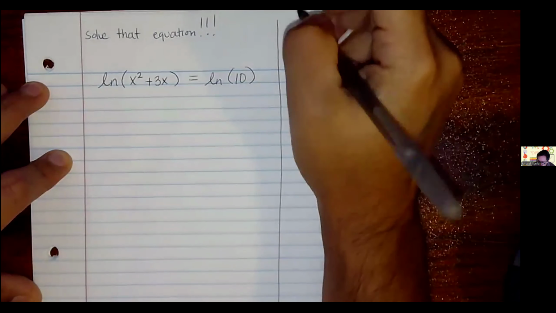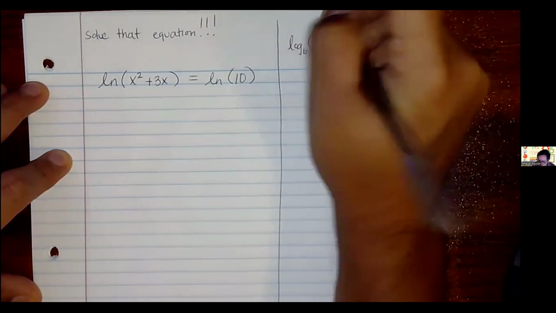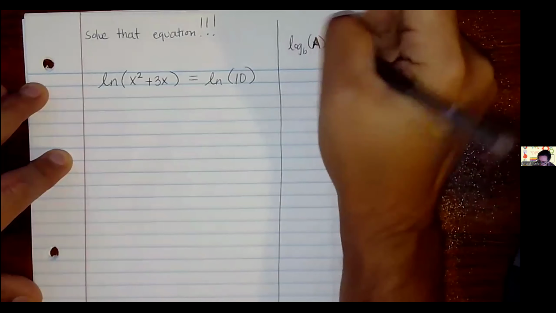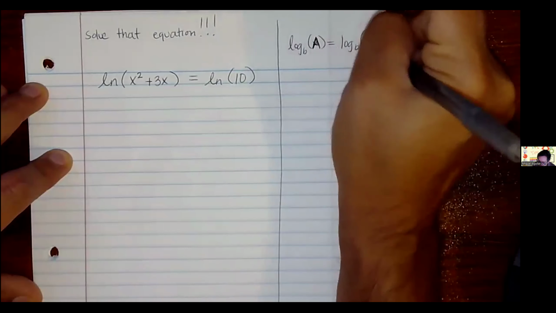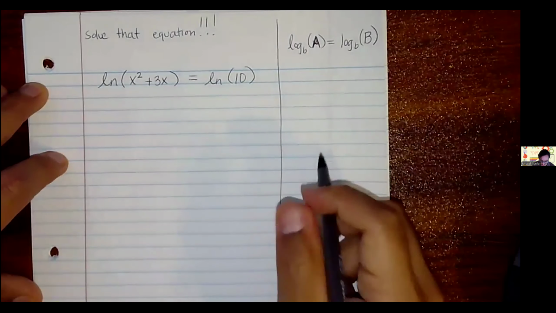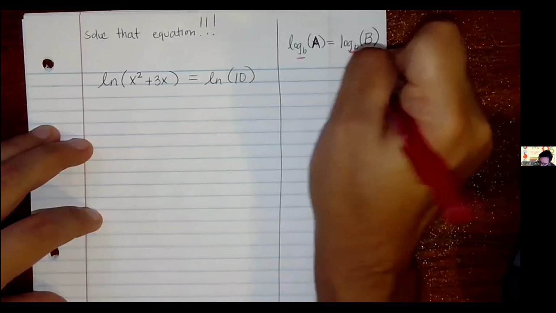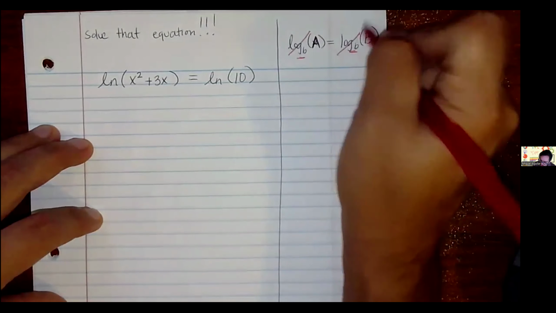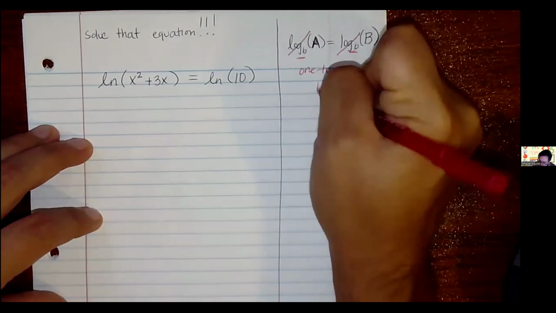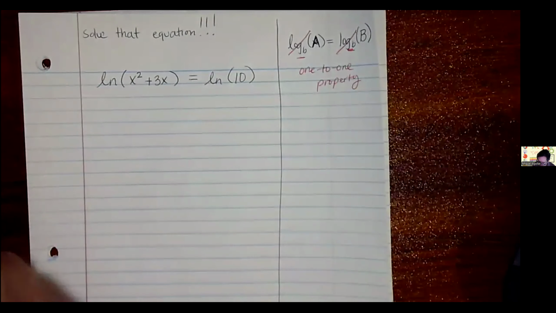So clearly, if I have log base b of capital A is equal to log base b of capital B, hopefully that's not too confusing, then if I have the same log bases, I can drop the logs, right? And that's what we're calling our one-to-one property. What do you think the first step is here, guys?